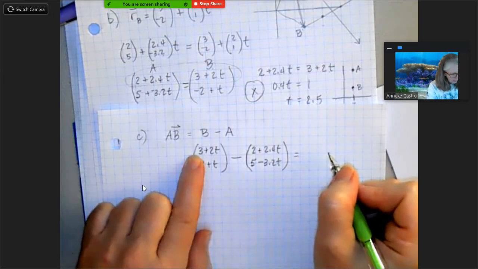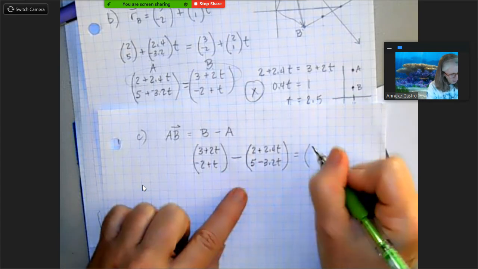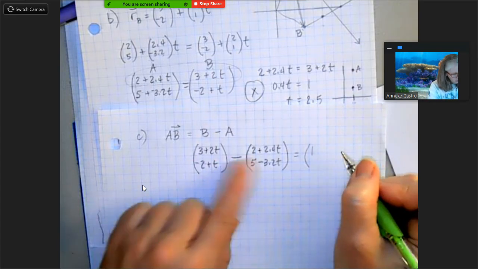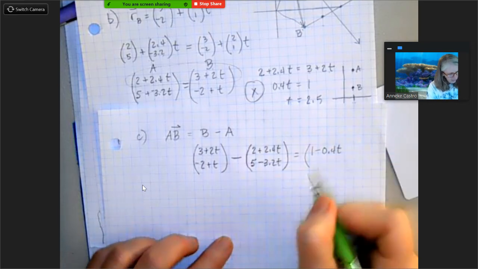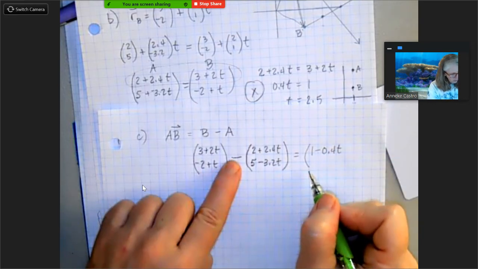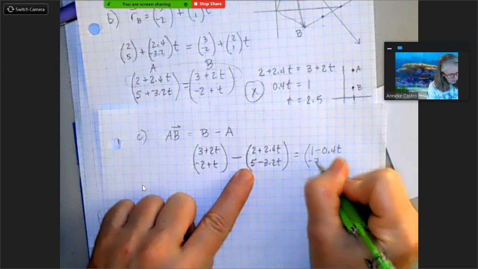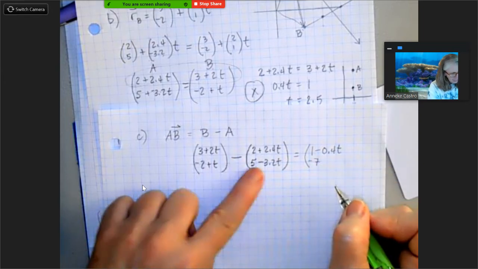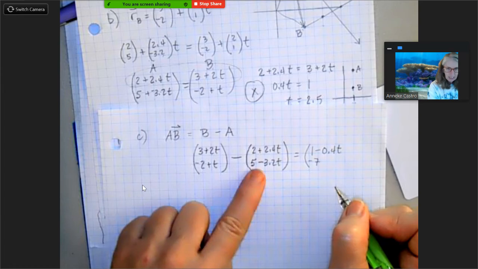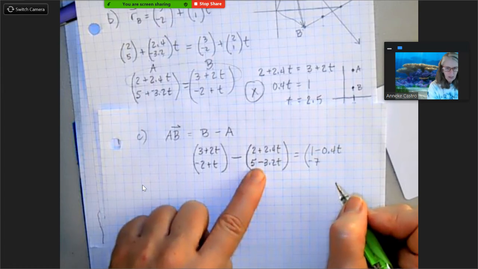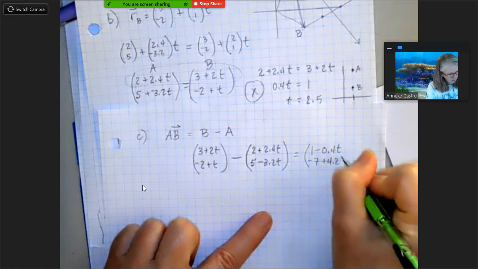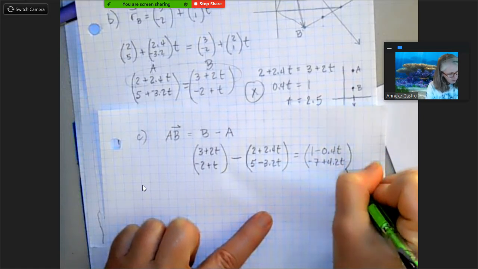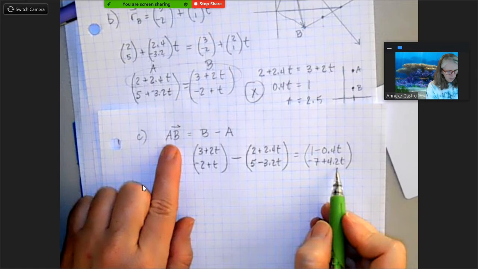We get 3 minus 2 is 1. And then 2 minus 2.4 is going to be negative 0.4t. And then down here, negative 2 minus 5 is negative 7. And 1 minus negative 3.2, well, minus a negative, watch out, becomes a positive. So 1 plus 3.2 becomes 4.2t. Okay, so this is my vector AB.